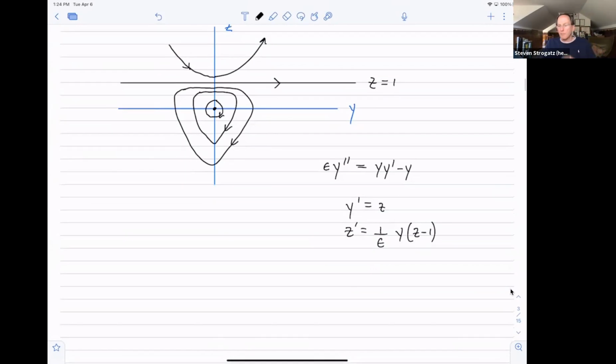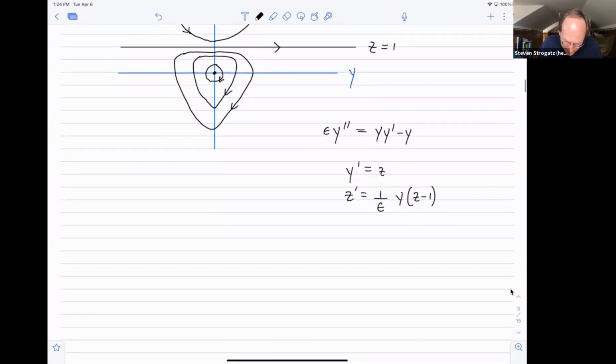But now let's think about the boundary conditions a little bit, because this is the part that's not so familiar to those of us from a dynamical systems culture. How do they appear in the picture? So the boundary conditions on this were y at 0 is 1, and y at 1 is negative 1.